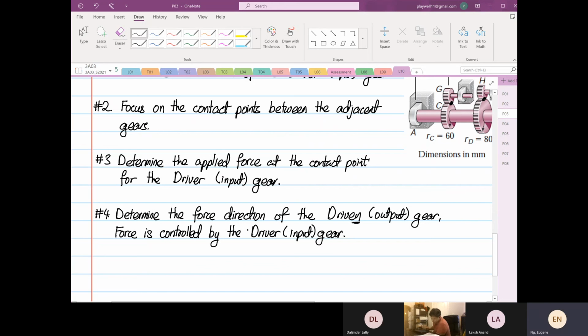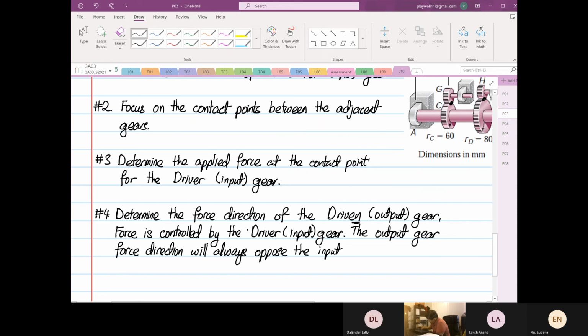The output gear force direction will always oppose the input gear or the driver gear direction.